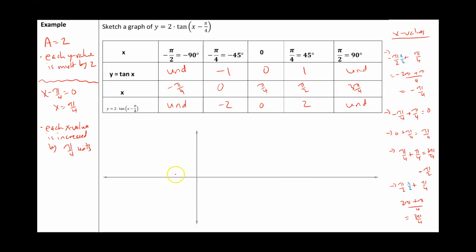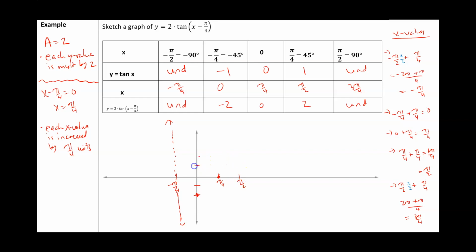So let's graph this. We have negative pi over 4, and there is a vertical asymptote there. Then my new x value is 0, and the corresponding y value is -2. For pi over 4, my y value is 0. And then the next one is pi over 2.